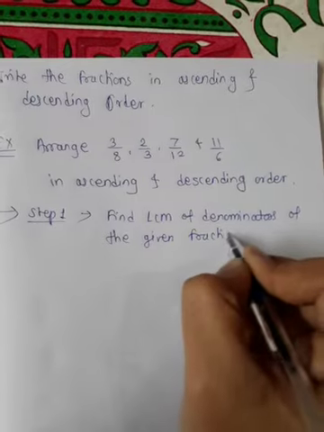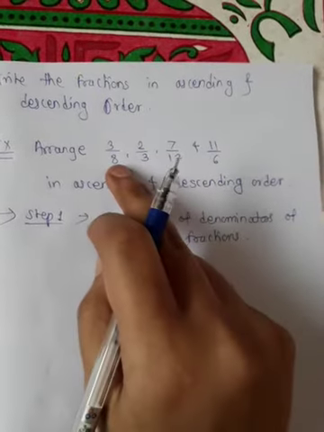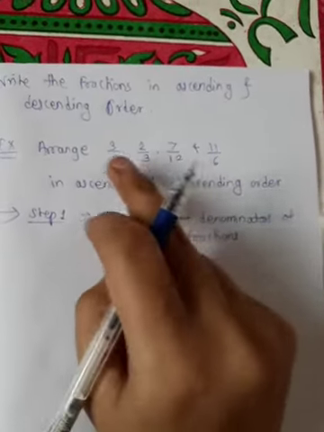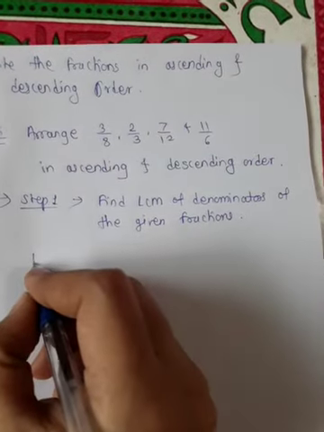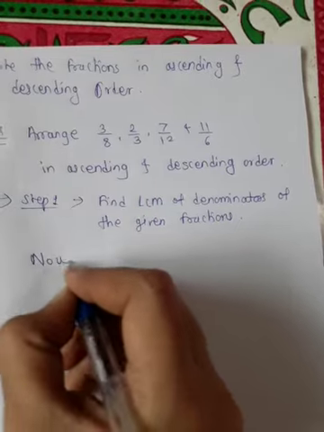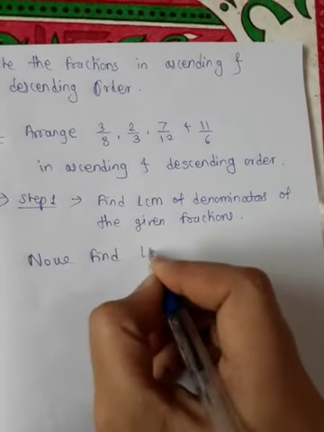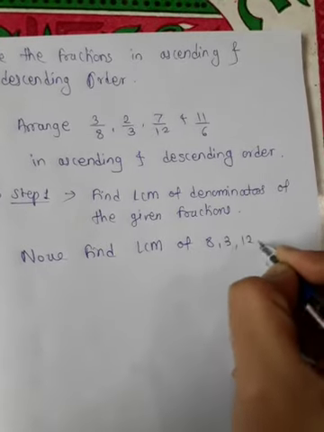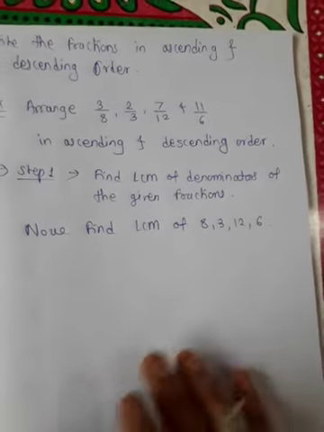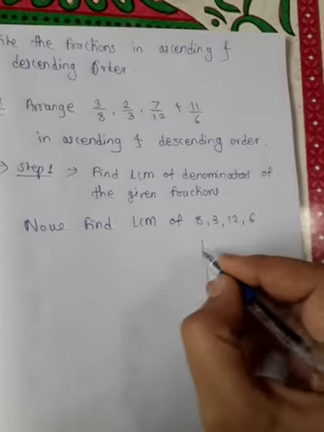This is the first step. Now the denominators of the given fractions are 8, 3, 12, 6. So now find the LCM of 8, 3, 12, 6. And we know how to find the LCM.